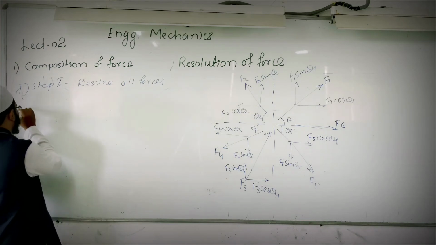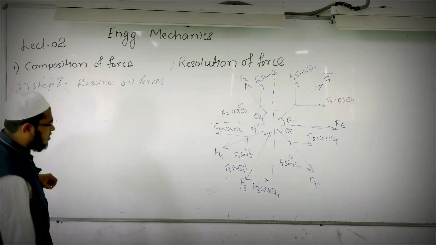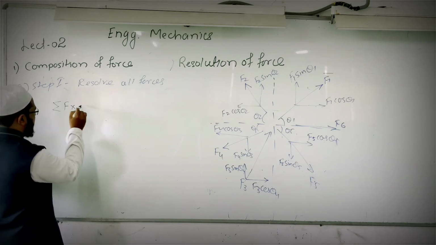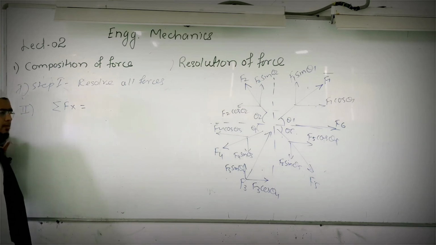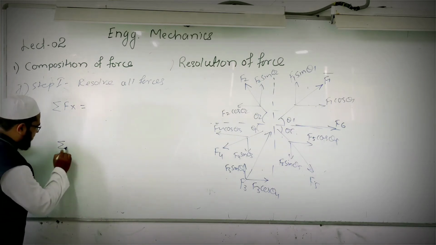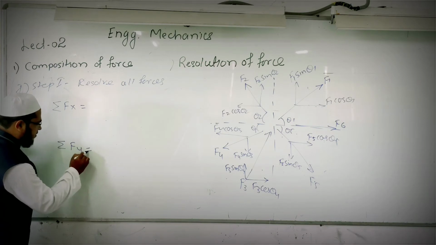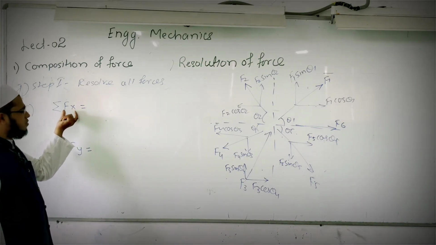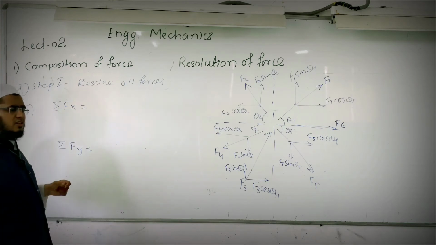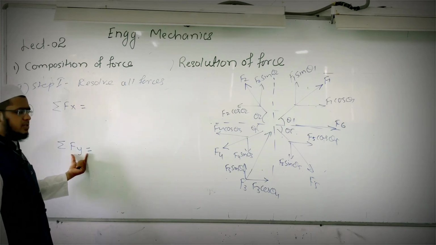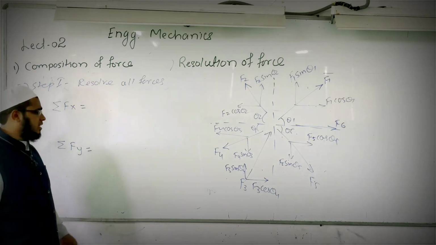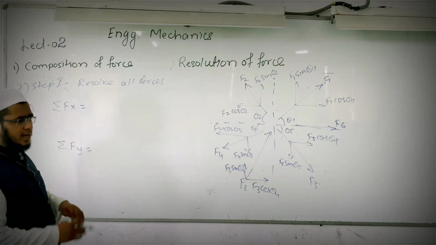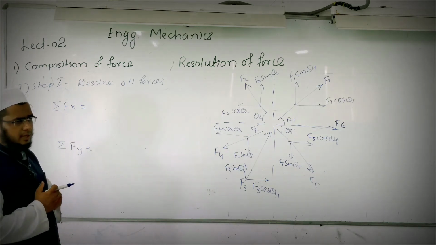The second step is, after this resolution we will determine the algebraic sum of horizontal forces, summation Fx, and we will determine the algebraic sum of vertical forces, summation Fy. X represents all the forces along the x-axis or horizontal line, and Y represents all the forces along the vertical line or y-axis. Now we have to add and subtract. Algebraic sum means we have to add and subtract.